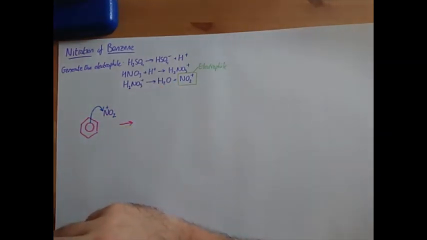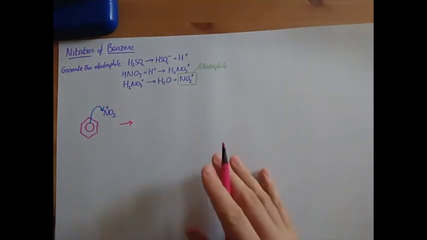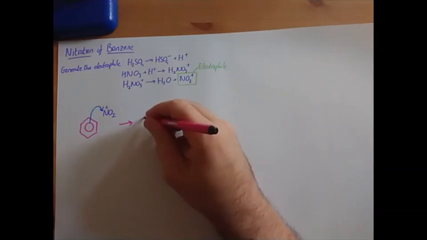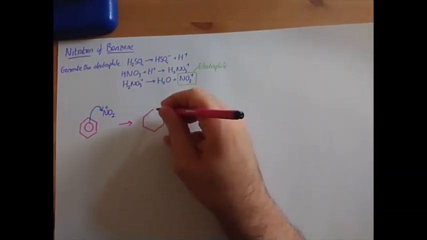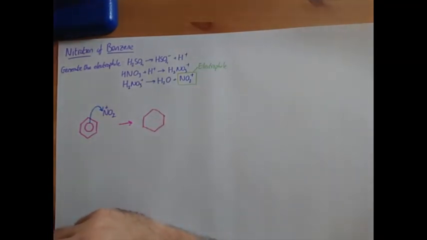We have to draw an intermediate stage. We don't break any of the carbon bonds around the outside. So we've still got the hexagon. But what we have done is broken the delocalized electrons. We've broken those overlapping p or pi orbitals.